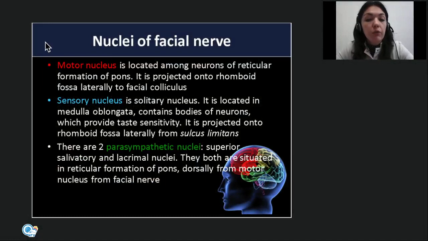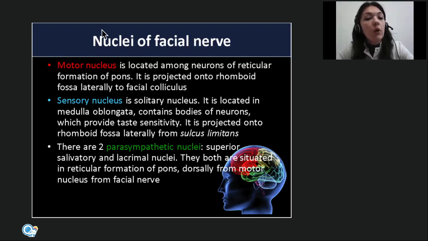In different books, different information is given. From 3 to 4 nuclei are distinguished in the facial nerve. But motor is 1, and sensory is also 1. And regarding the number of parasympathetic nuclei, somewhere it's written that it's also 1, and somewhere it's written that they are 2.